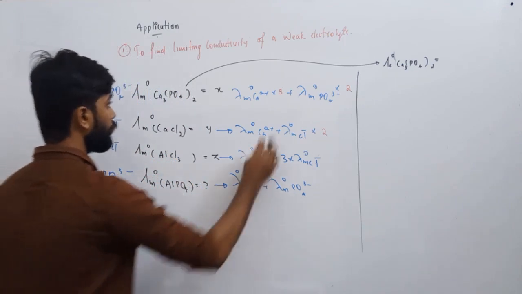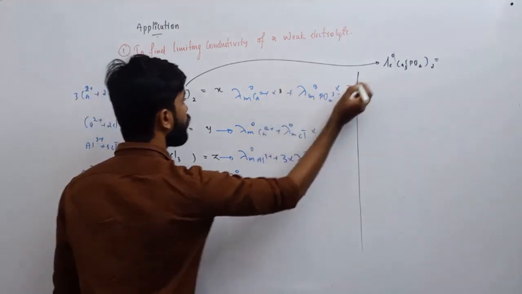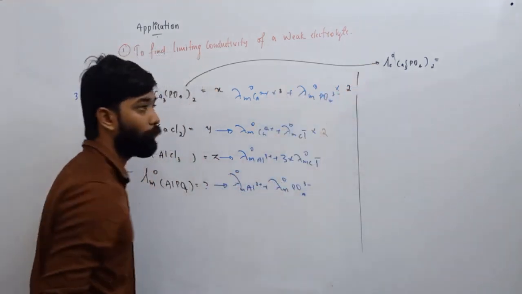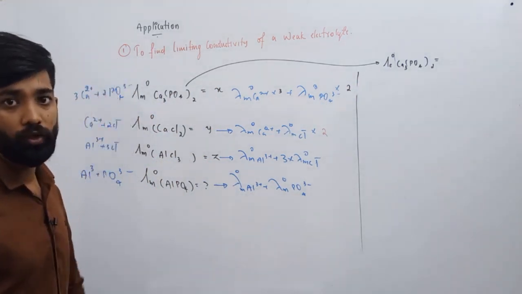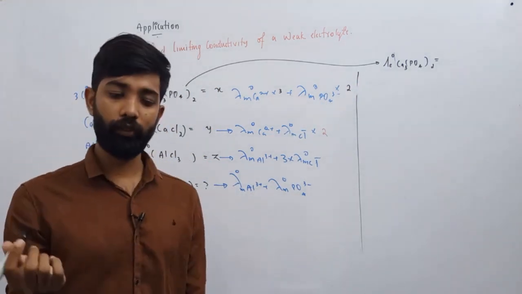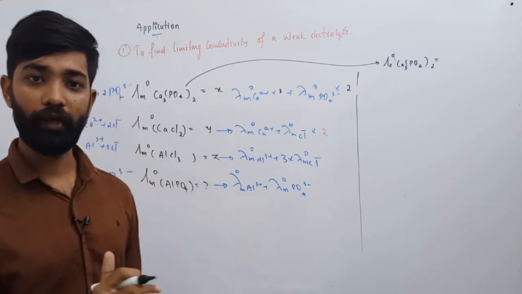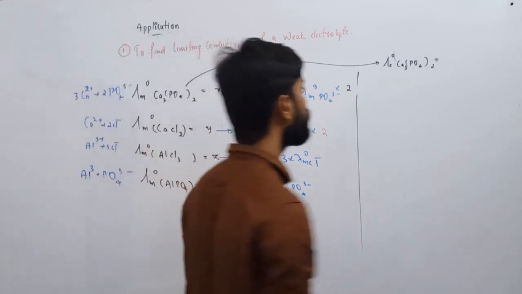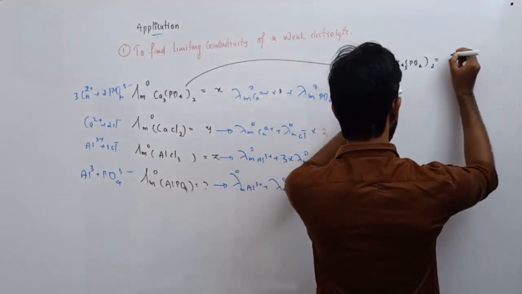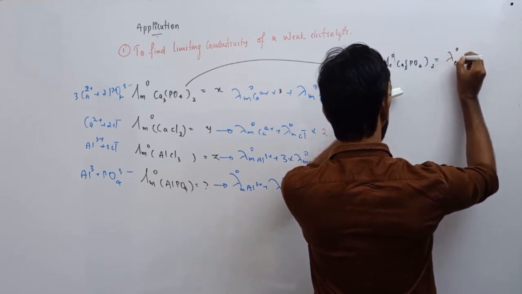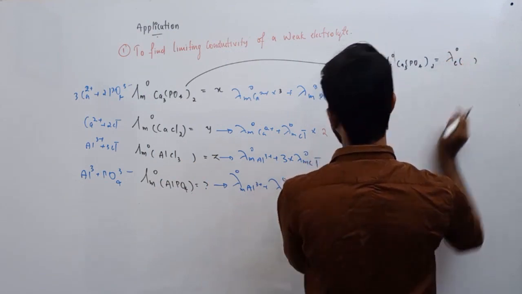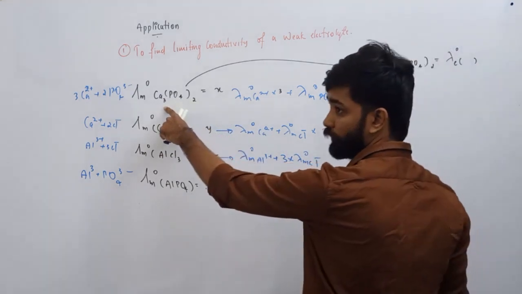In molar conductivity, the number of cations and number of anions will be there. But in equivalent conductivity, we can simply write the cation and anion, right? So that will be easier. So in terms of equivalent conductivity, it will be lambda equivalent. This is molar conductivity, right?